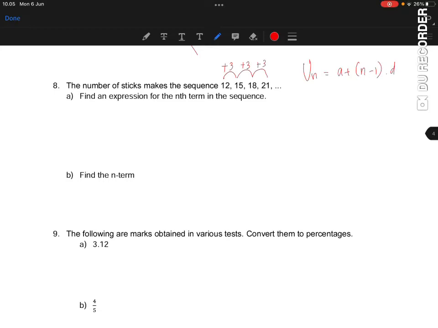A is the first term, the first number. D is for difference. If your difference is negative, just put the negative number there. Because the difference here is positive, let's identify what is the A, what is the D.